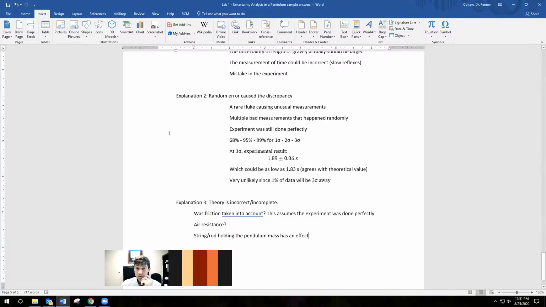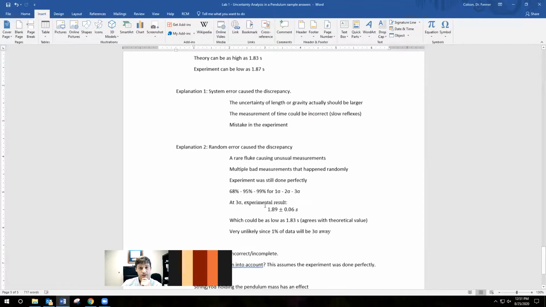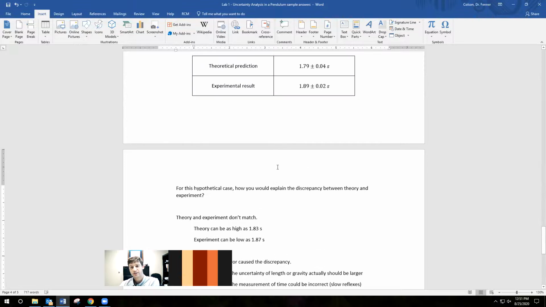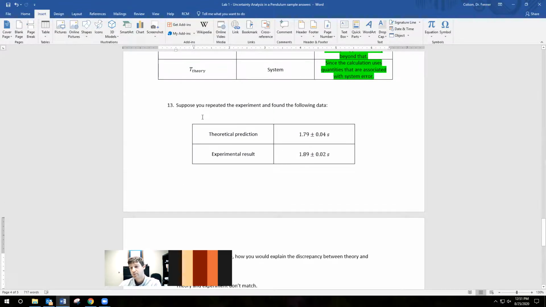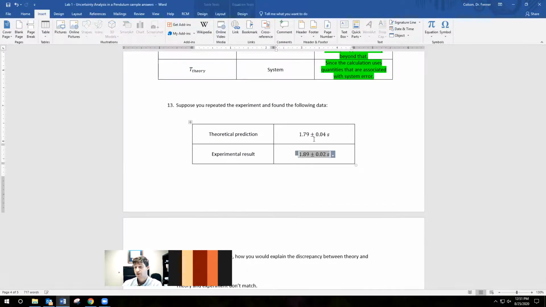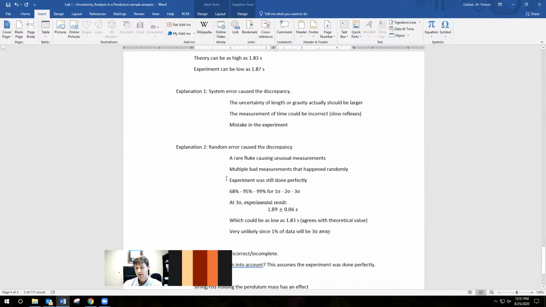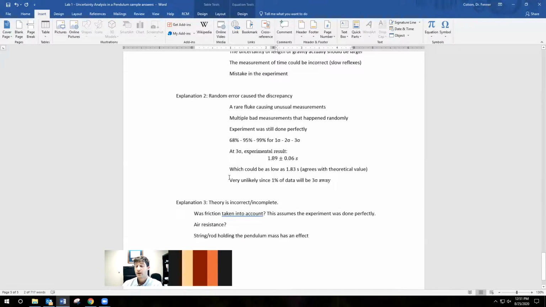Well, it would depend on your data analysis. So right now, for this hypothetical question, all we have is the results, and with these results, we would have 3 possible explanations why they don't agree. To actually pick one of these explanations, you would have to have the data and look at the data.